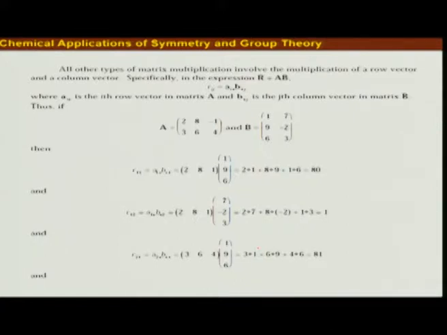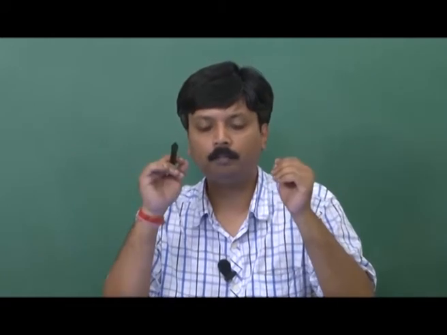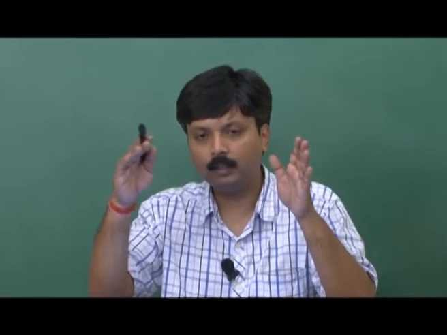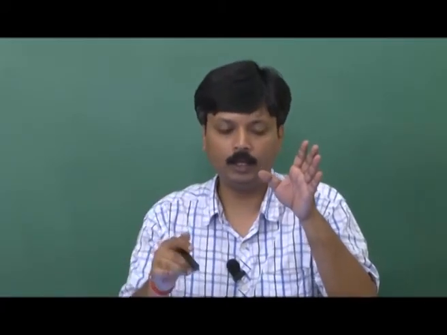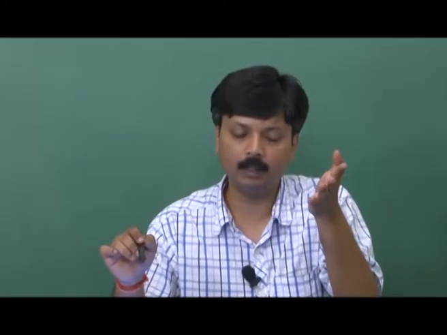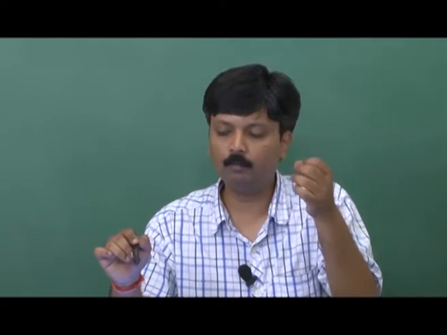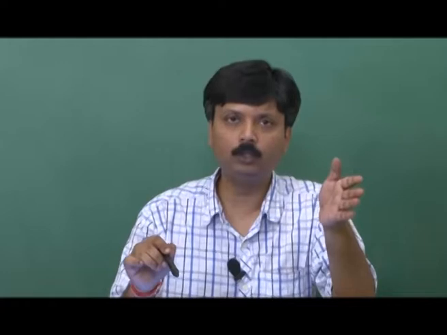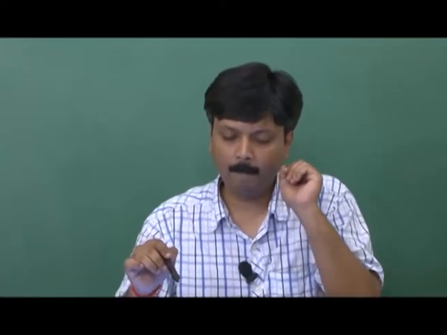You can imagine any given matrix of whatever order as an ensemble of several row vectors or several column vectors. So in general, if you want to do matrix multiplication, it will just involve the multiplication of a row vector and a column vector, like we showed in the previous slide.